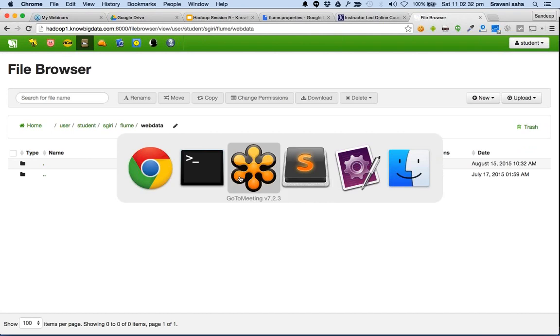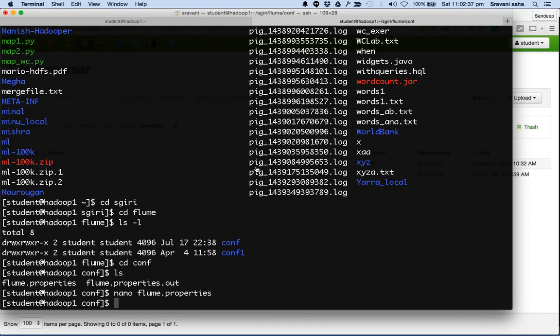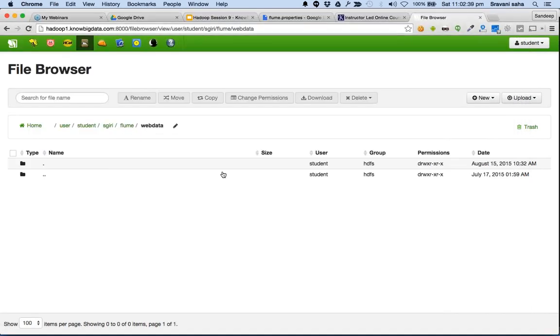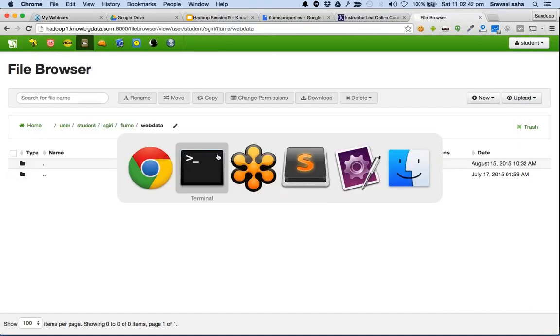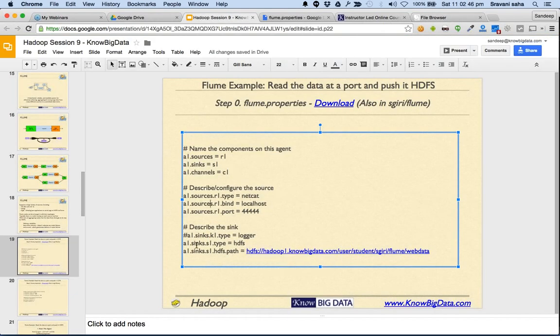Now we will run our agent, and then we'll give the agent some data, and it will start pushing that into HDFS. Now let's take a look. We defined this configuration file. It says that our source is netcat, which means listen on a particular port for data.